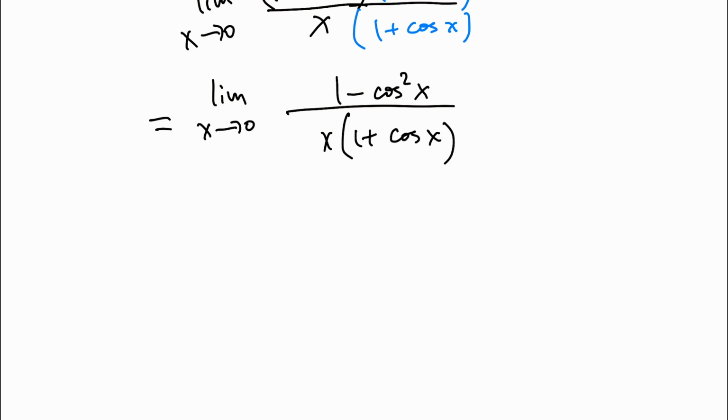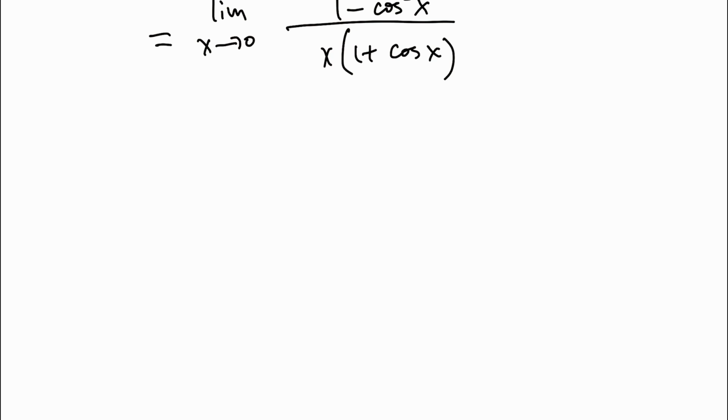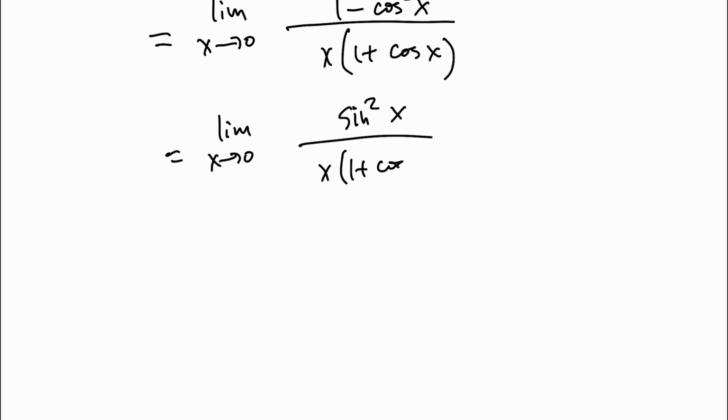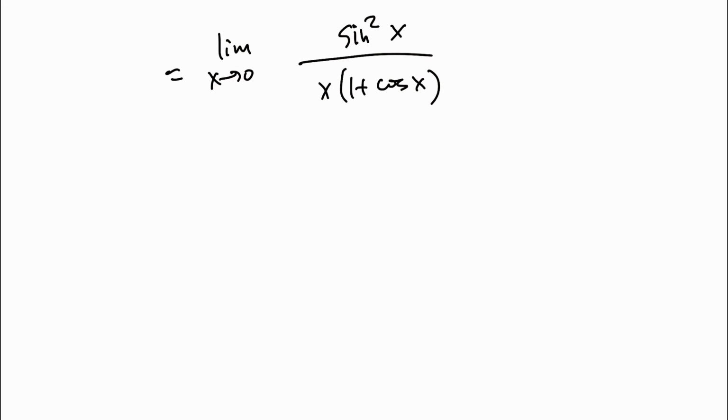Using the so-called Pythagorean identity, which is basically the Pythagorean theorem, you can see it on the unit circle, that becomes the limit as x approaches 0 of sine squared x over x times 1 plus cosine of x.